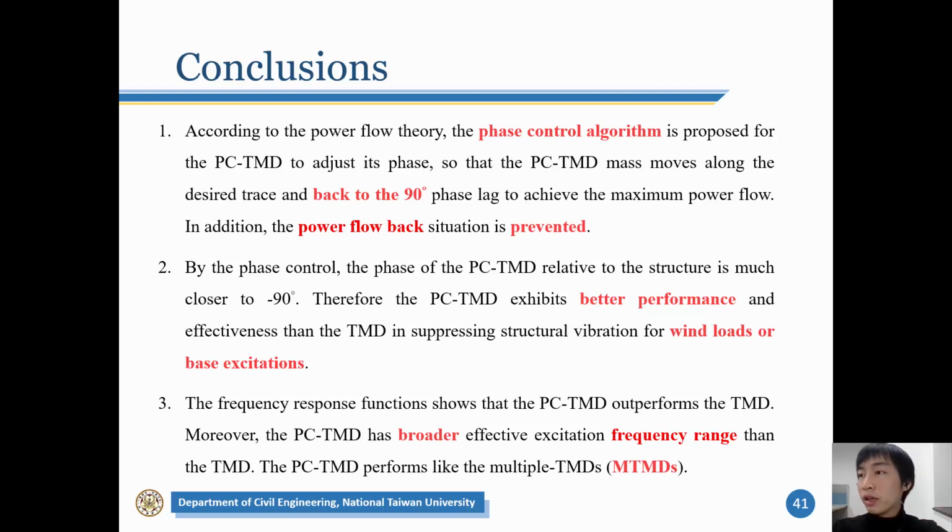And third, the frequency response functions show that the phase control tuned mass damper outperforms the traditional tuned mass damper. Moreover, the phase control tuned mass damper has a wider effective excitation frequency range than the traditional tuned mass damper. The phase control tuned mass damper performs like multiple tuned mass dampers.